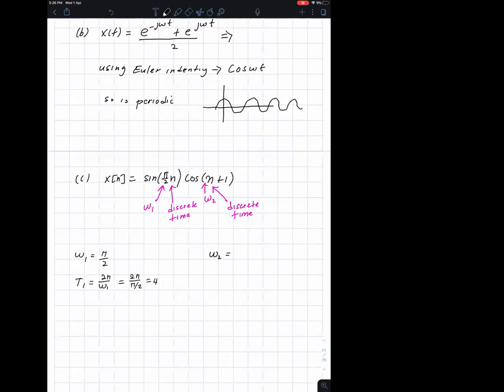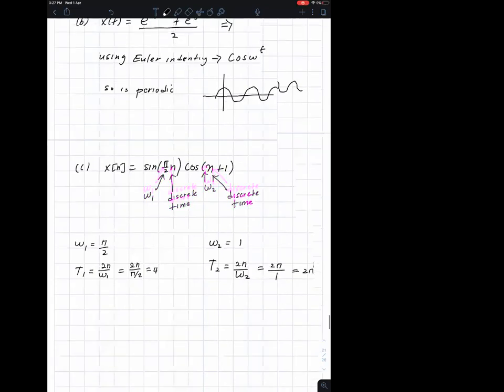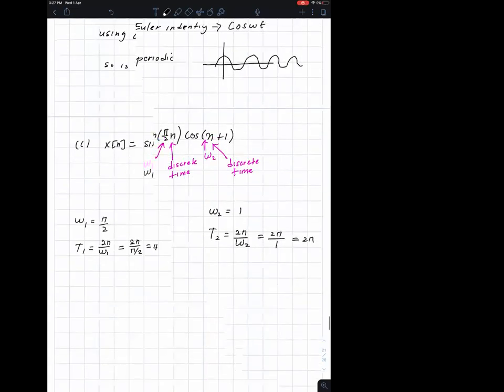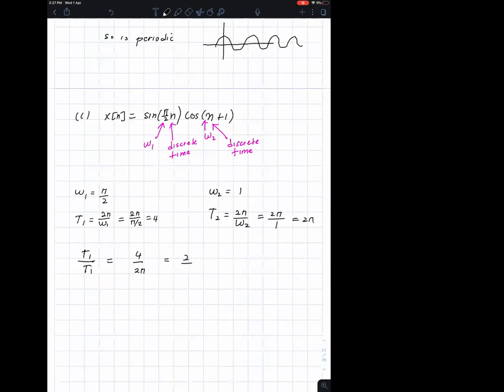Omega 2 is 1, so T2 is 2 pi over omega 2, which is 2 pi. So T1 over T2 is 4 over 2 pi, which is 2 over pi.